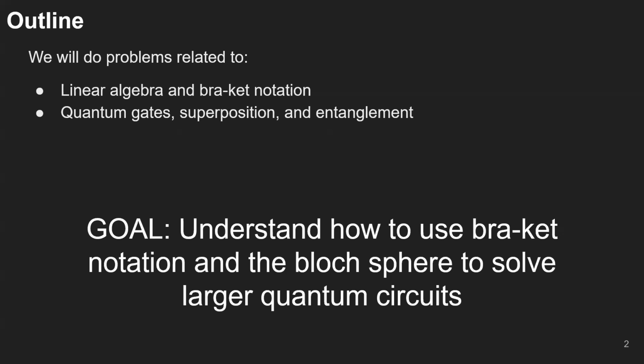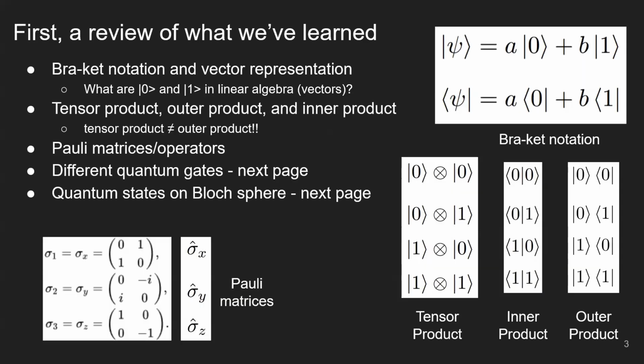The goal is to understand how to use the Bra-Ket notation well, or you could use the linear algebra version, and then you can use the Bloch sphere with that to solve quantum circuits. We're just going to breeze through this, I think. I'll probably write some of this stuff up on the blackboard. You can also feel free to take a picture of it if you want to refer to it yourself.